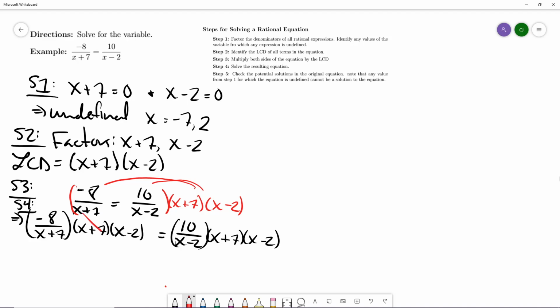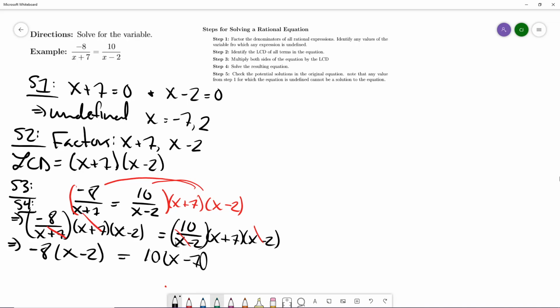So what can I do? These reduce to 1. And the second part, x minus 2 and x minus 2, these reduce to 1 as well. So what am I left with? I am left with negative 8 times x minus 2, and this is equal to 10 times x plus 7.